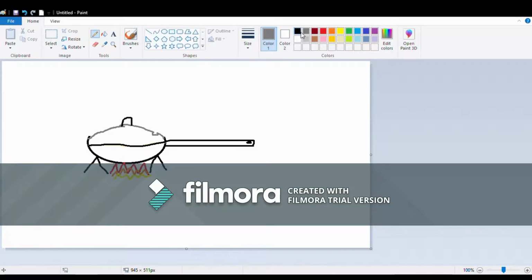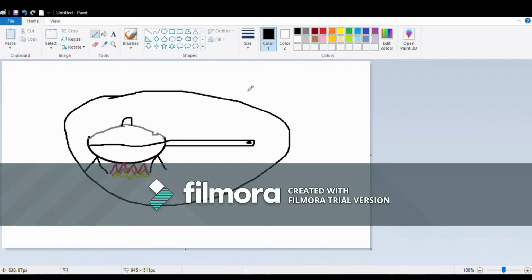This lid acts as a barrier. And this hole right here acts as a valve, or I mean, it acts as a pressure control.